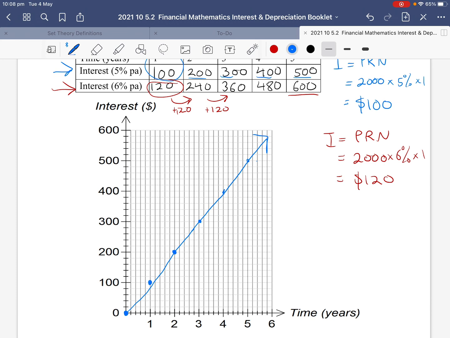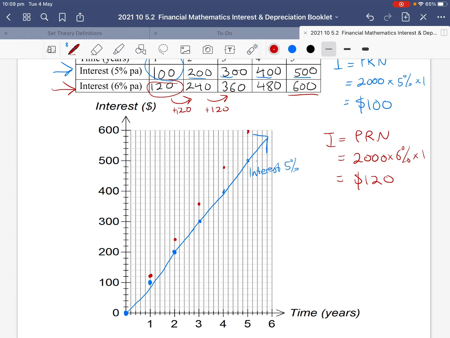Now, so that's one for the interest at 5%. Now let's graph for 6%. Each time you get 120, so that will be at 240, 360, 480, and 600.